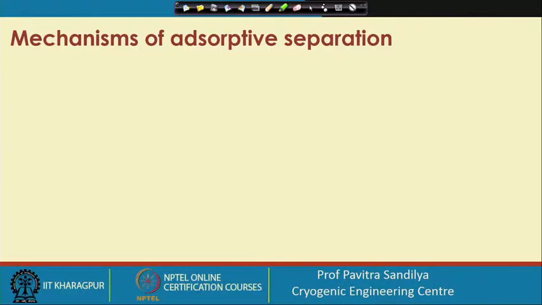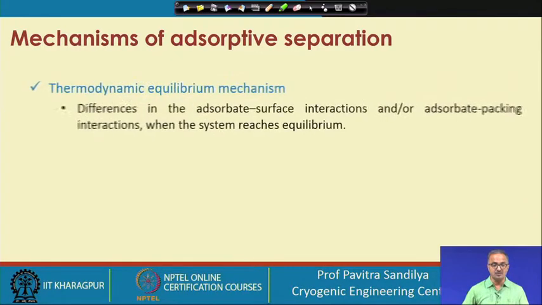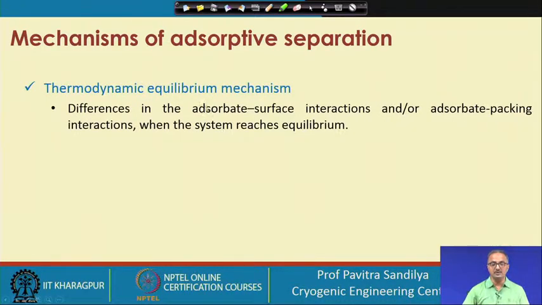So now we see the mechanisms of the adsorptive separation. First we have the thermodynamic equilibrium mechanism. What it means is that it shows the differences in the adsorbate and the surface interactions and/or adsorbate and packing interactions when the system reaches equilibrium. That means we allow all the solutes to reach equilibrium and then measure their respective concentrations on the adsorbent.